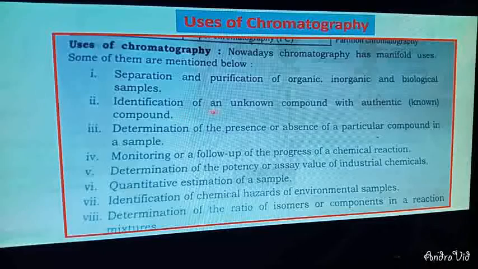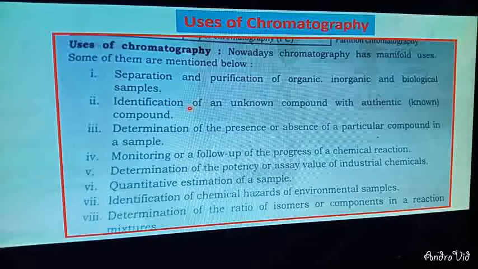Secondly, identification of unknown compound with authentic compound. If there is an unknown compound and any authentic or known compound, if you want to identify this unknown compound, you have to apply chromatographic technique. Now the third point, determination of the presence and or absence of particular compound in sample.